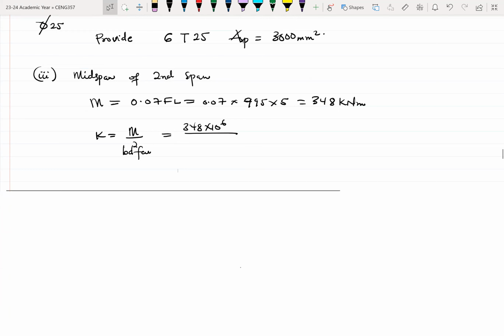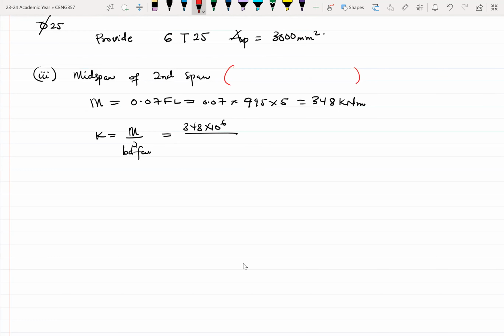Just like in the first case, this will be designed as a T-beam. We got our B to be 1,000, so it becomes 1,000 times 600 squared times 30.